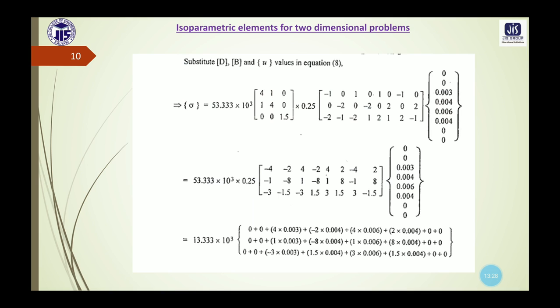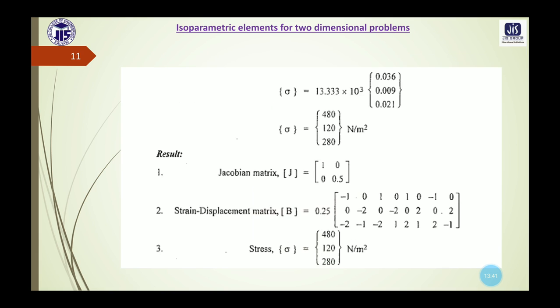So we need to be very cautious and serious to perform this matrix operation. So after these several steps, we are getting the value of this element stress sigma. This is equal to a column matrix of 480, 120 and 280 Newton per meter square. So this is the final value of the element stress.